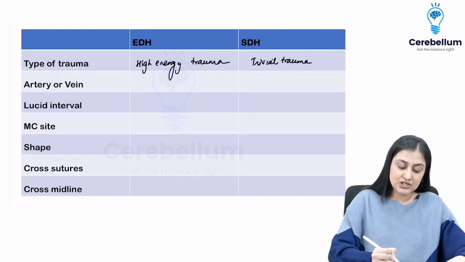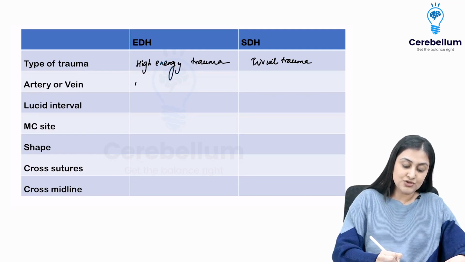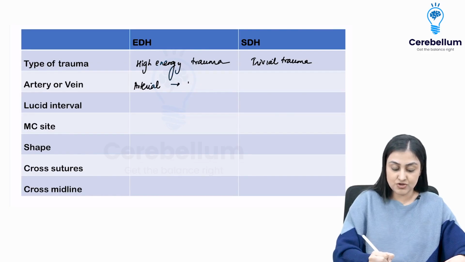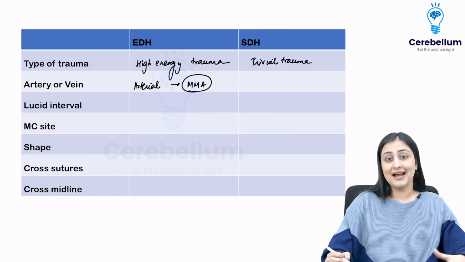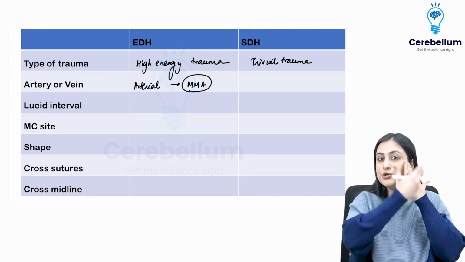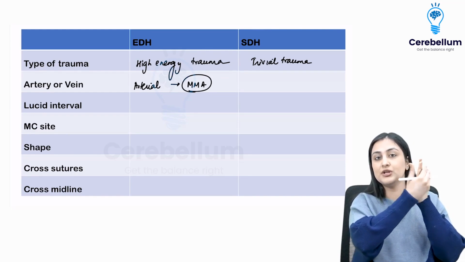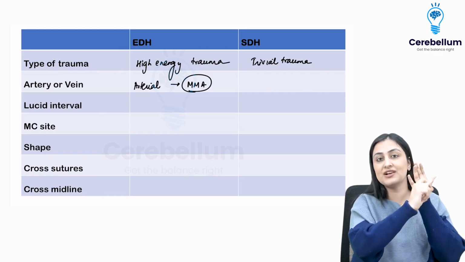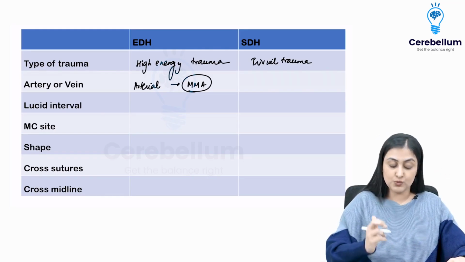The type of injury is again very different. In EDH, you have arterial injury, and the most common artery to be injured here is the middle meningeal artery. And also an anatomy correlation for you, the middle meningeal artery runs beneath the pterion. That is why when you have a pterional fracture, there is very high association with EDH.